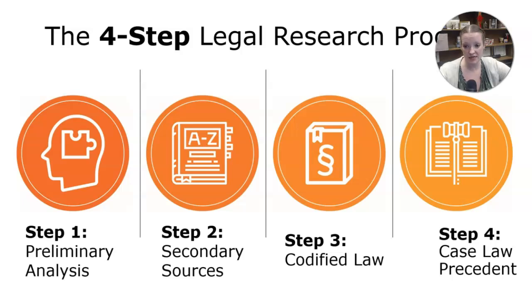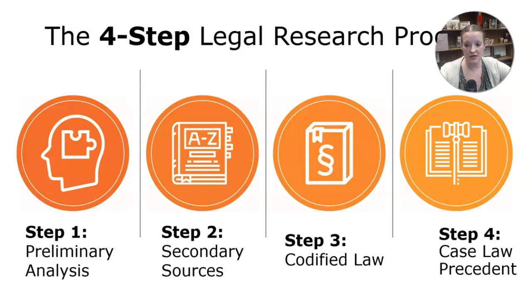So maybe you haven't identified the relevant keywords or phrases until you get to secondary sources, and that's okay too. Looking through that background, contextual information that you're finding in your secondary sources can help you to determine what the relevant keywords or phrases are that you can use in your later searches.